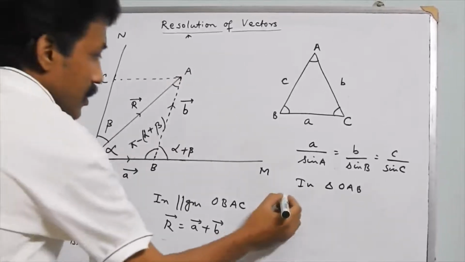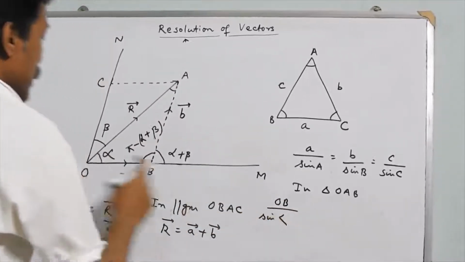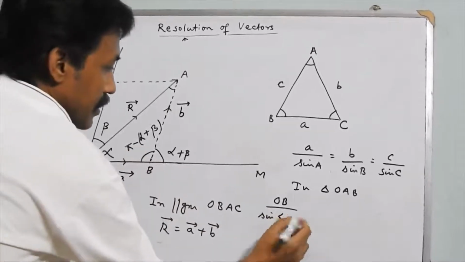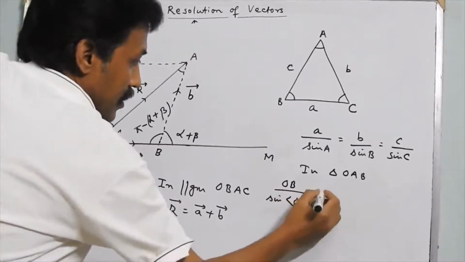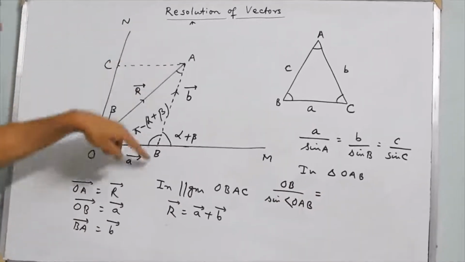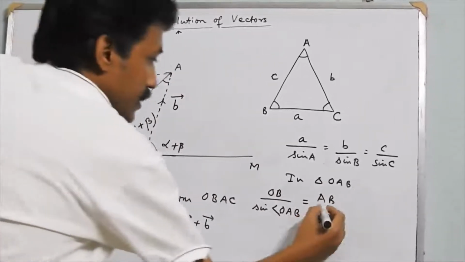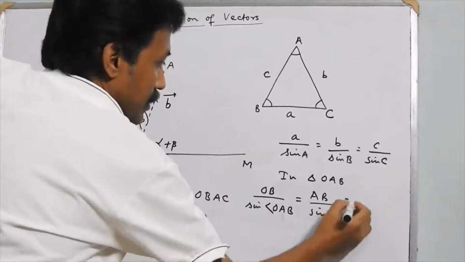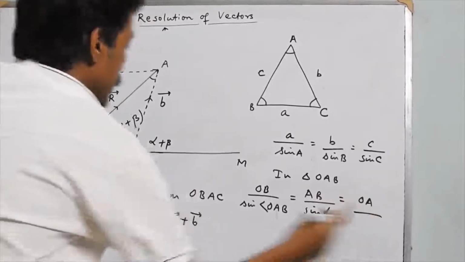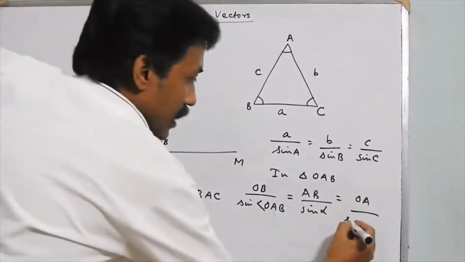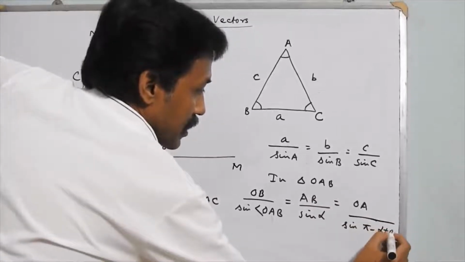So if I write OB by sine of angle OAB is equal to, if I take this side AB, the angle opposite to this is alpha, I will write sine alpha, is equal to, if I take OA, I have to consider this angle, that is pi minus (alpha plus beta), I will write sine of pi minus (alpha plus beta).